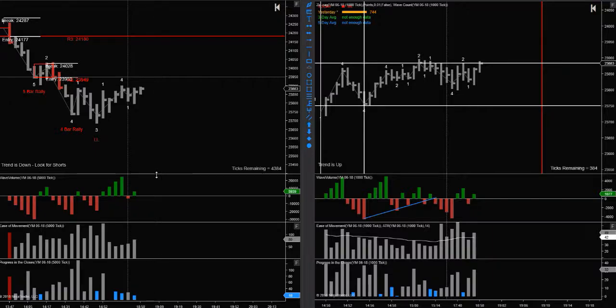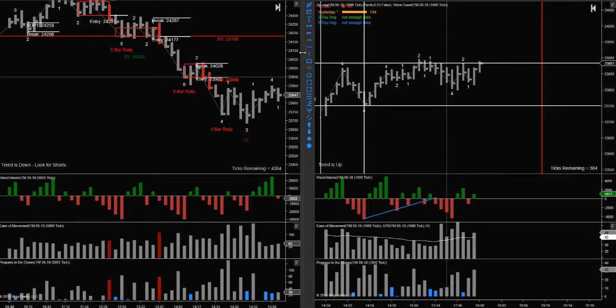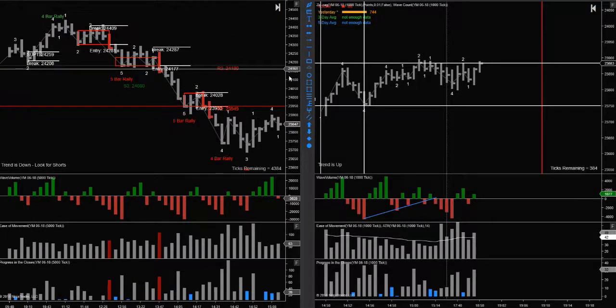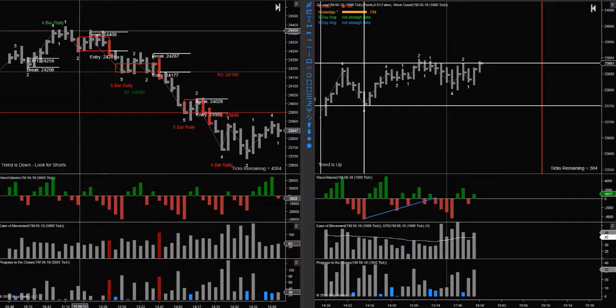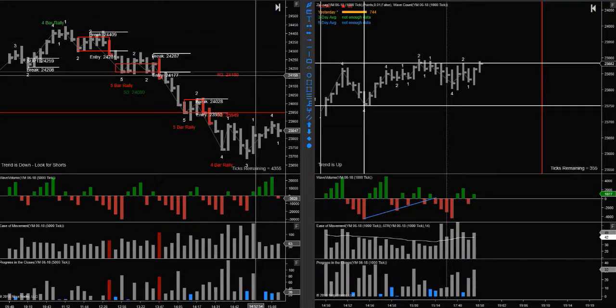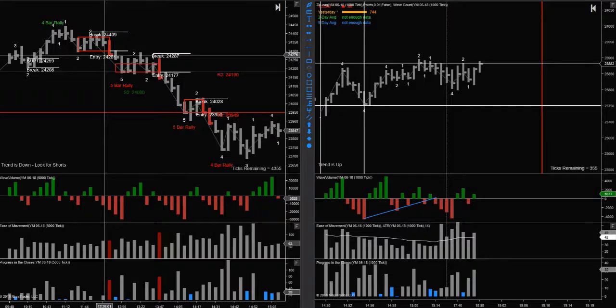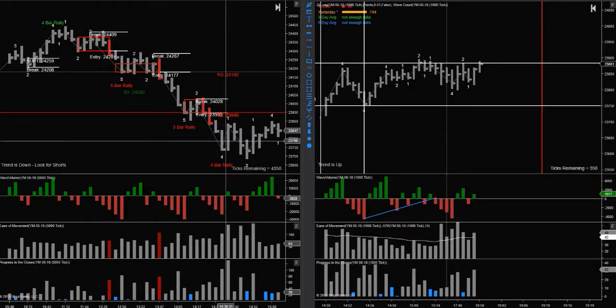Okay, the idea is that these strong hands at different levels accumulate and distribute, and then they rally, which is the same thing as saying consolidation and then expansion. What's going on in that consolidation? In this case, distribution, expansion, distribution, expansion, distribution, expansion.